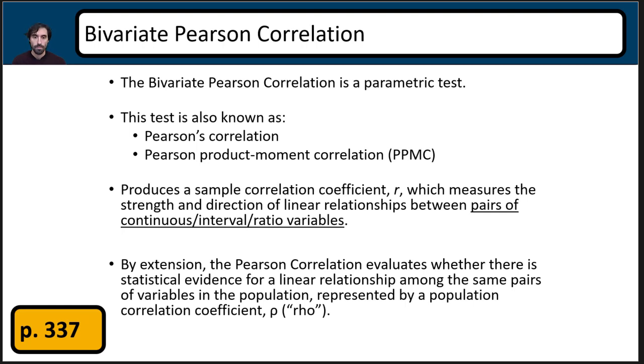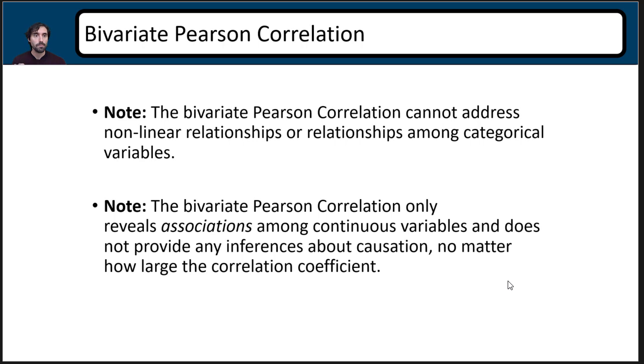A few things to note about bivariate correlation: it cannot address nonlinear relationships or relationships with categorical variables. Going back to what I started off with, there are no categorical variables in this.